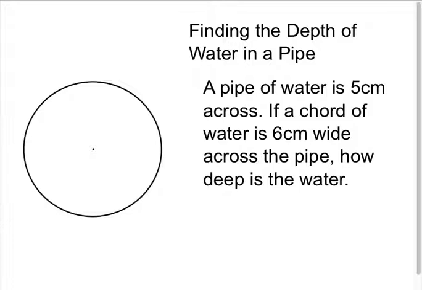I apologize, this should have said 10 centimeters across. Right? If the diameter of the pipe was only 5 and the water is 6 centimeters across, it's too wide. So in this case, a pipe of water is 10 centimeters across. So I can simply draw a line across my pipe, 10 centimeters long.